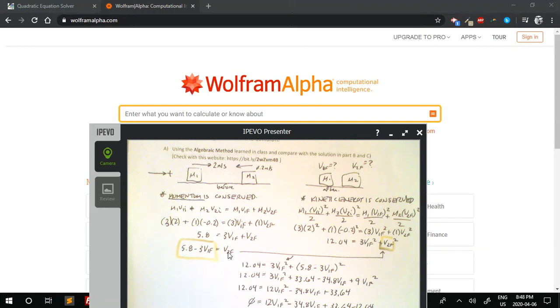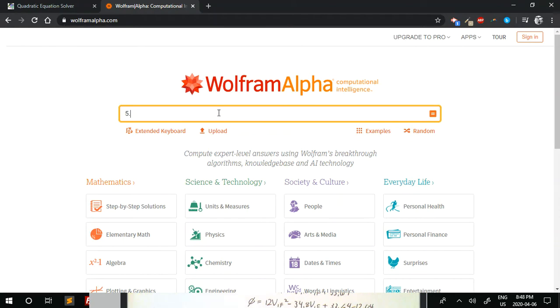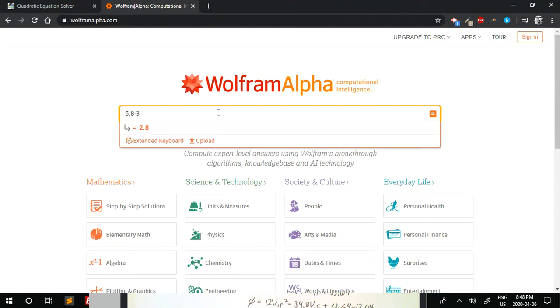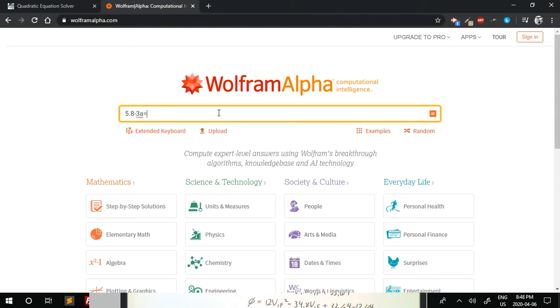I can call them whatever I want, but it just makes it easier if I call that A and call that B. So I'm going to write 5.8 minus 3 times A equals B, intersects with, and then I'm going to write 12.04 equal to 3A squared plus B squared.